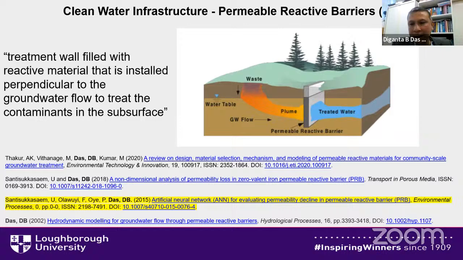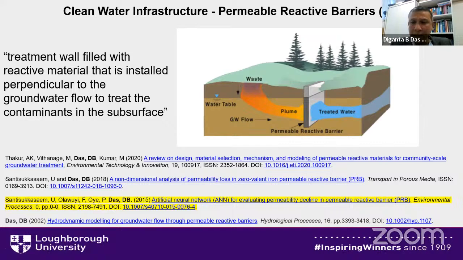It is designed in a way that it is not an obstruction for the groundwater. If you think of permeability, the permeability of the reactor has to be the same as the permeability of the soil. So it has to be designed in that way. So the hydraulic gradient is the same as the surrounding soil, but we have a reactor that is placed in front of the groundwater.